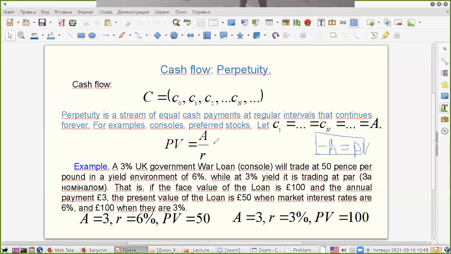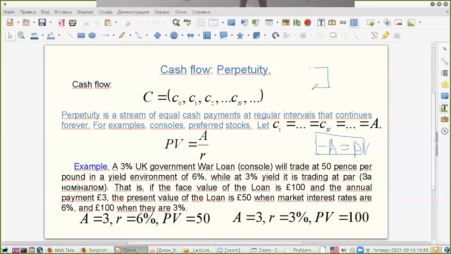This is the formula which defines the present value for perpetuity, and we can illustrate this formula using an example. This example is about the UK government war loan, the consol. The face price is the price which is printed on the security.